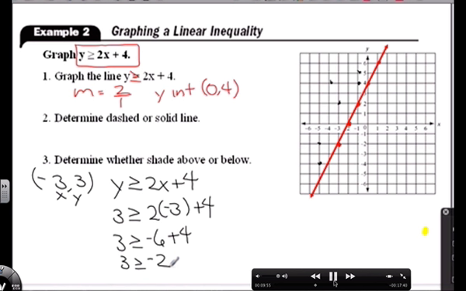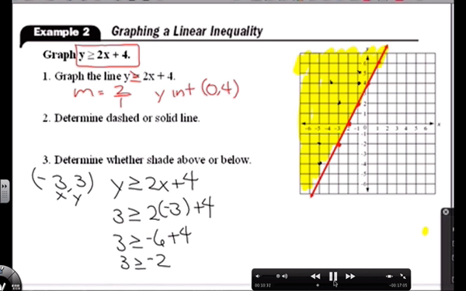And the way we're going to show that is by shading. So if it is greater than, we're going to shade above the line. If it would have been less than, we would shade below the line. So greater than is above the line. Less than is below the line.